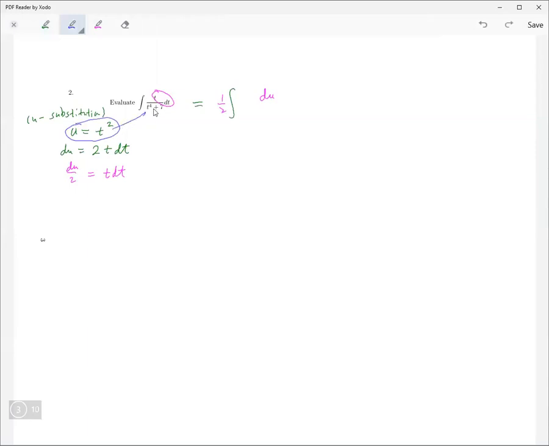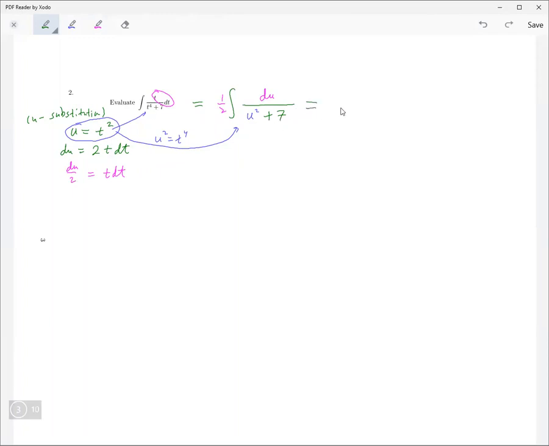So what I'm going to end up with here is u squared. Okay, so u squared is t to the 4th, and that becomes u squared. So the t dt becomes du over 2, and the u squared becomes that.